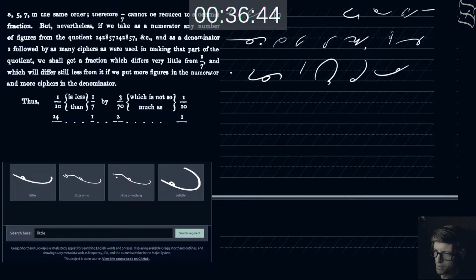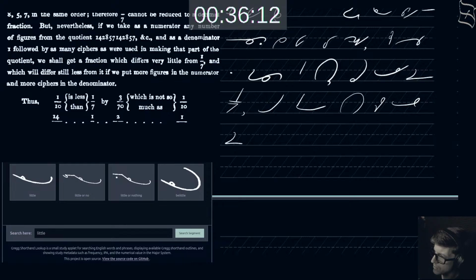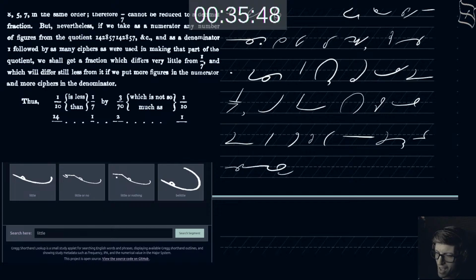We shall get a fraction which differs very little from 1/7, also known as approximation, and which will differ still less from it if we put more figures in the numerator, and more ciphers in the denominator.